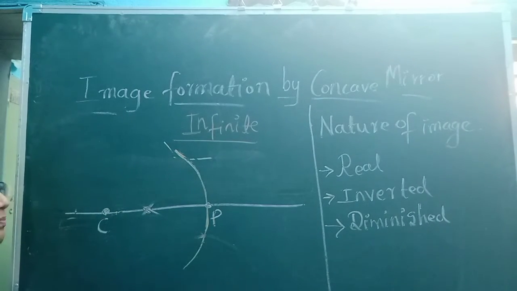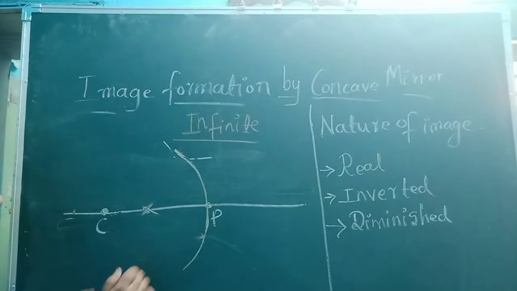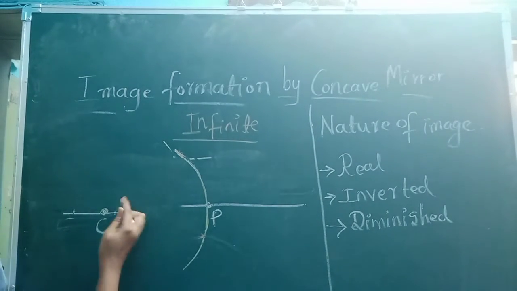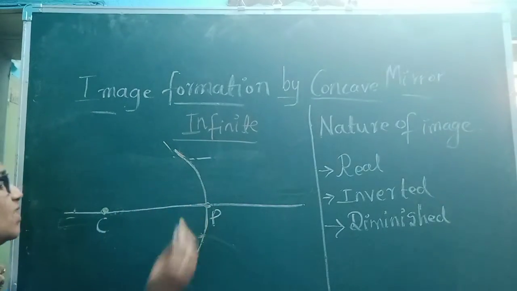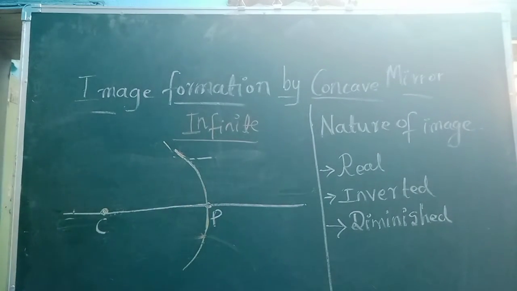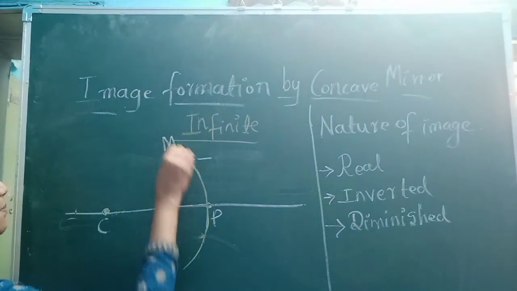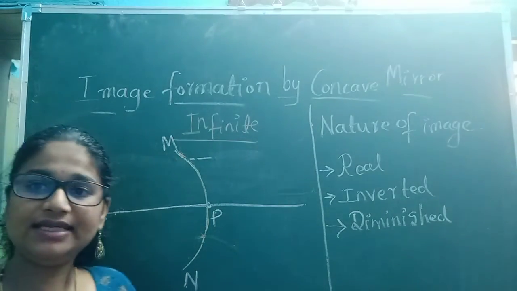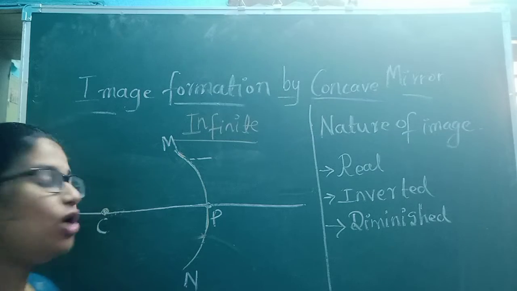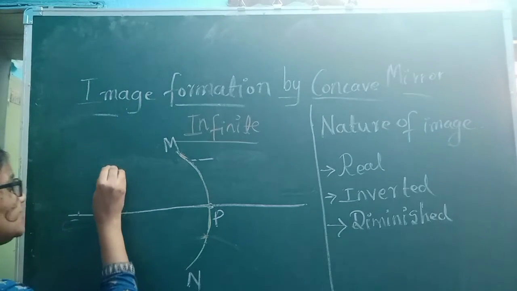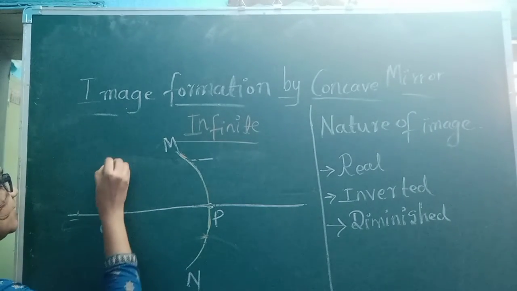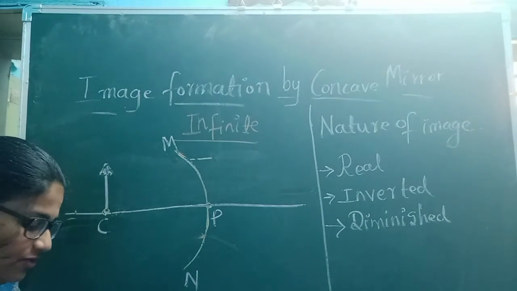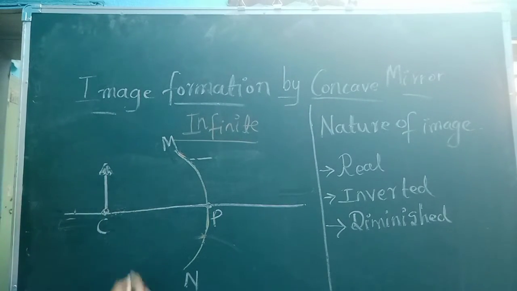This is the pole. Okay. And this is the principal axis, and MN will be the aperture or diameter of a spherical mirror. Now, let us keep an object on the center of curvature. Let us keep an object on the center of curvature.